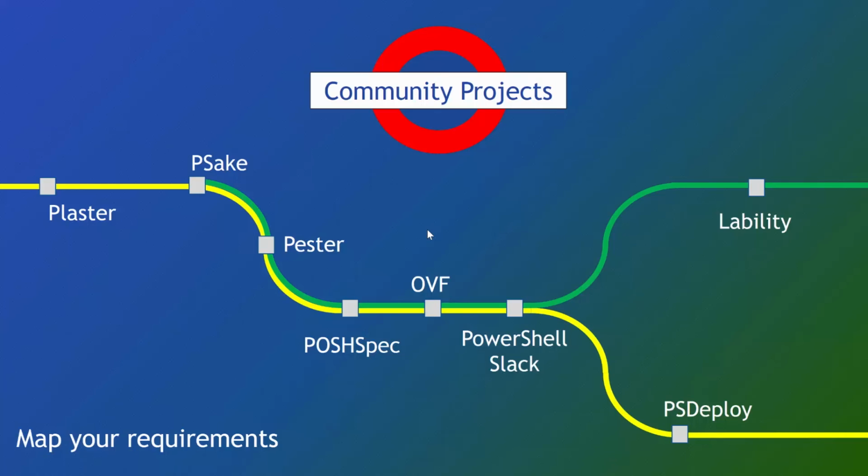These are the things you're going to need to be successful at building this out if you're running it from a build platform. I mentioned psake as a way to organize your builds, Pester for test, PoshSpec on top of that. OVF is now shipping in the new Insider builds on Windows 10. But that's actually just another thing where it's a way to structure and wrap your tests in a very predictable way so that from project to project we know how to find our test code and where it's at and how to run it.